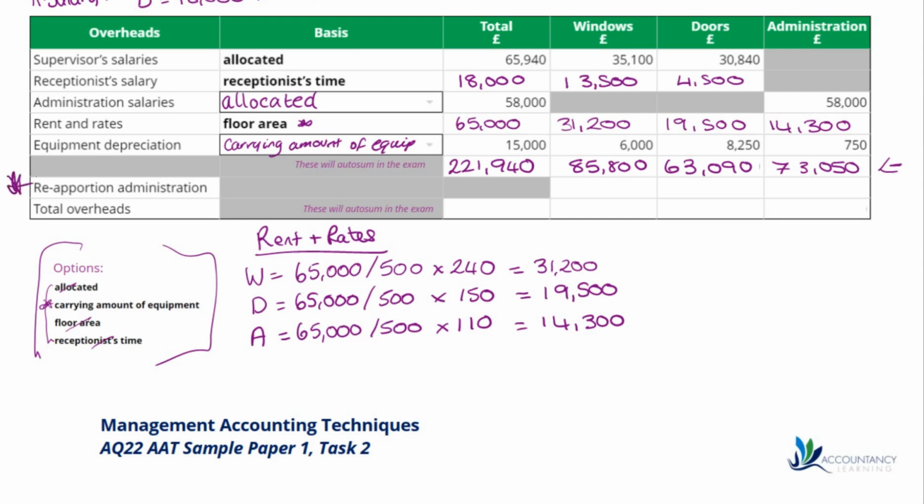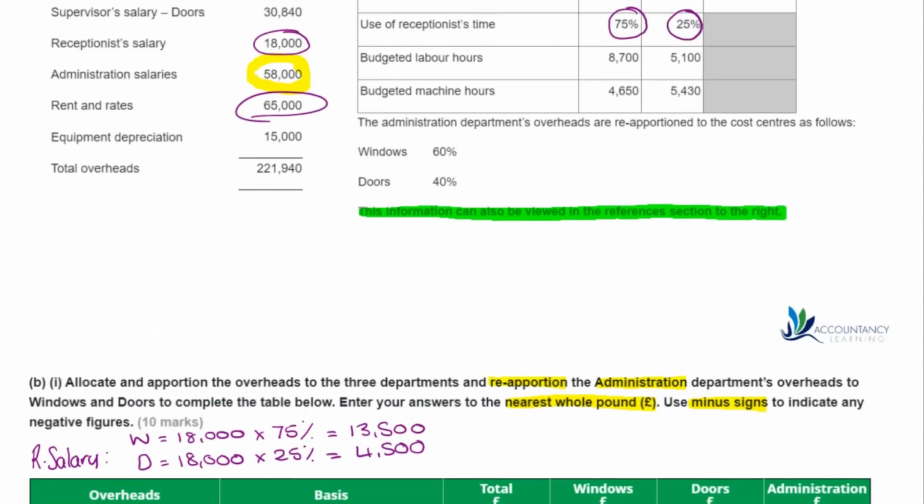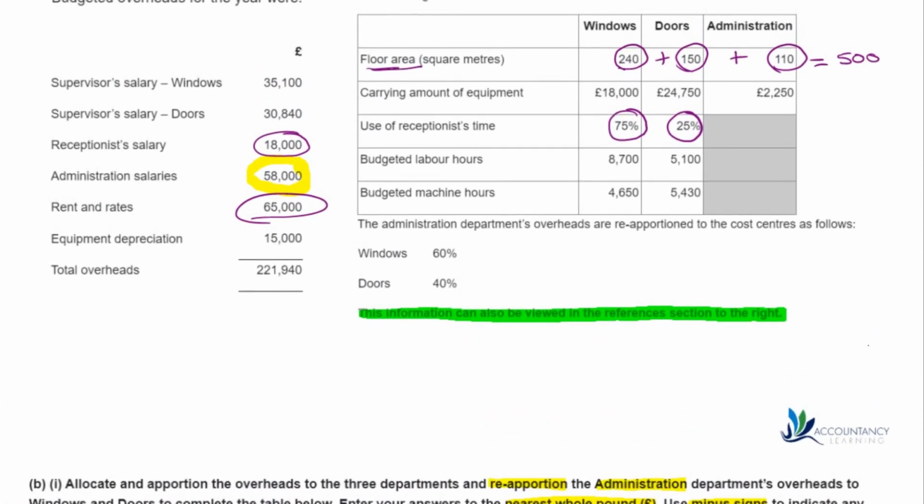Now we need to be looking at reapportioning the administration overheads. Let's have a look again at what we are told here. The administration department's overheads are reapportioned to the cost centres as follows.